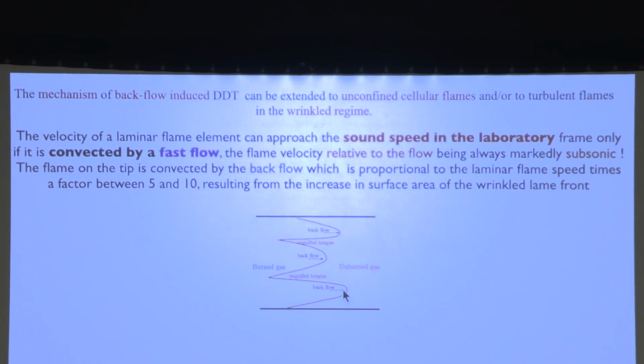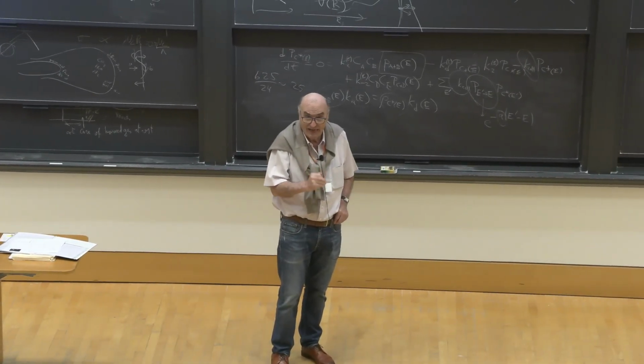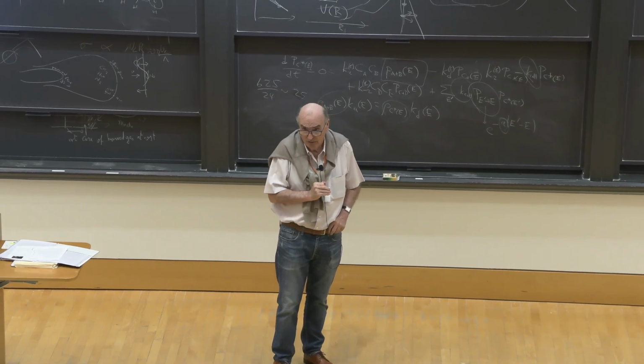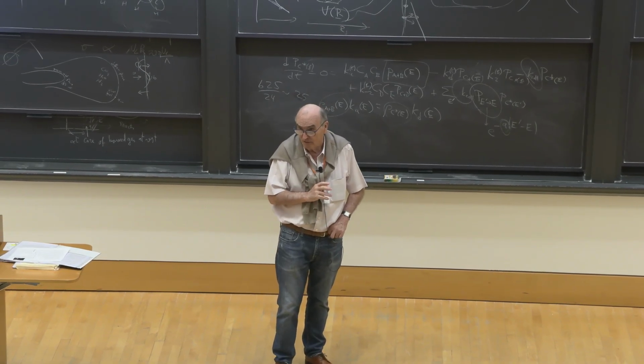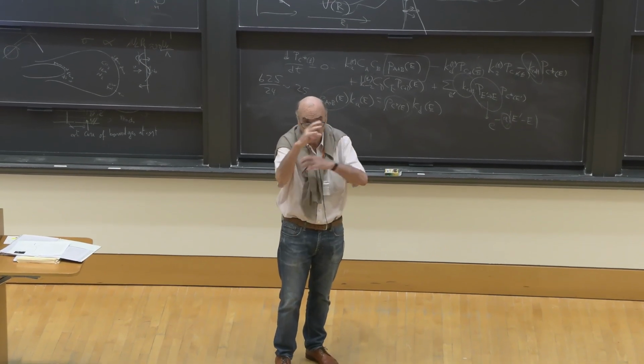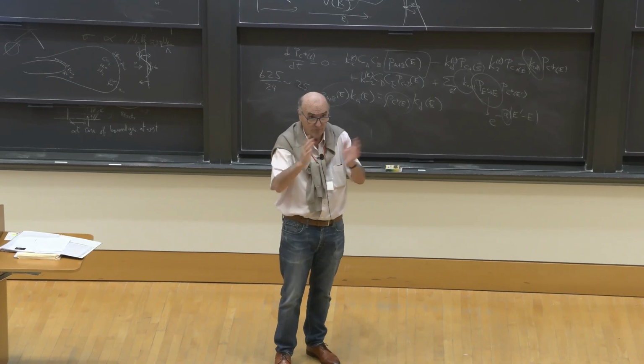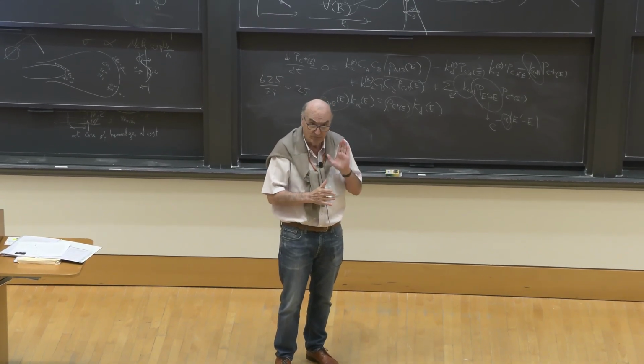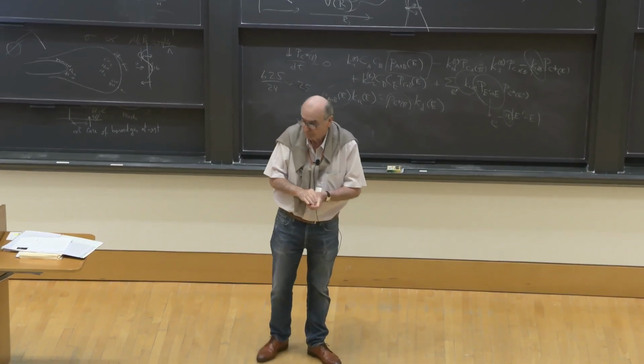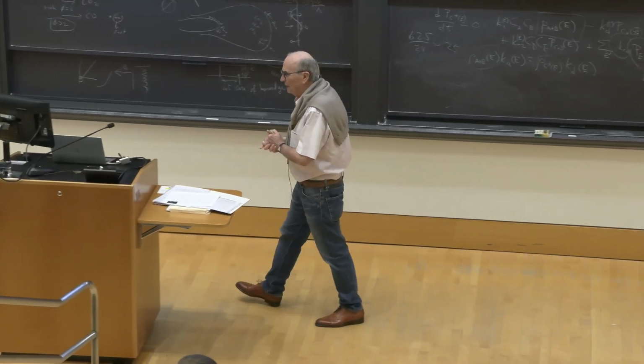So in a sense, you are close to the problem of the laminar elongated flame that I have just described for you, except now that the problem is stochastic, that this is going to have fluctuation. This makes life more difficult. But roughly speaking, this is the same.